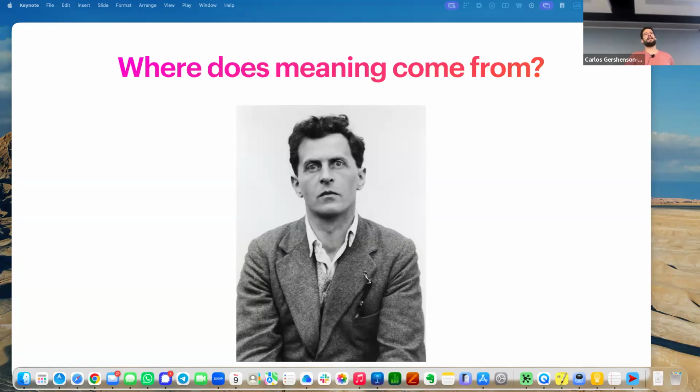His family controlled all the steel production in Austria, so it was a bit like the Carnegies of Austria. But I think there were four brothers, and two or three of his brothers committed suicide. He enlisted in World War One in the Austro-Hungarian army and fought in the trenches. And in the trenches, he was writing what was later called the Tractatus Logico-Philosophicus, which had a big impact in philosophy.